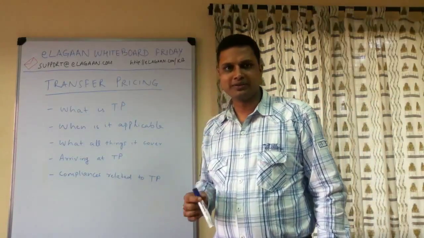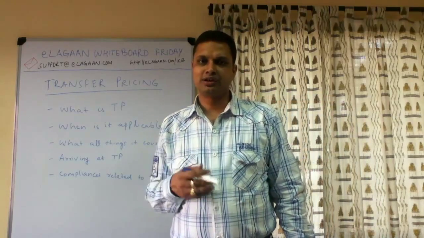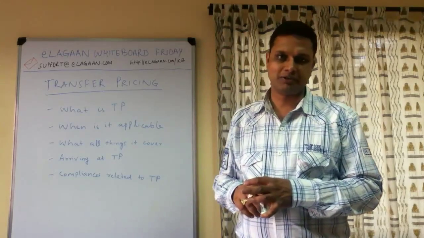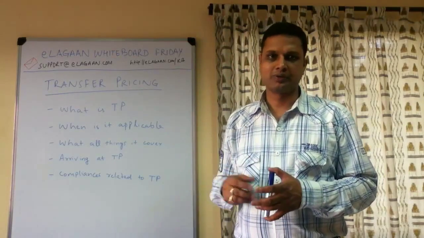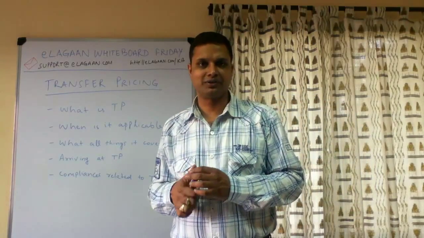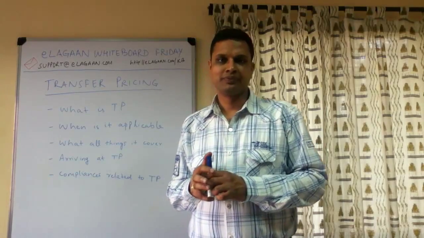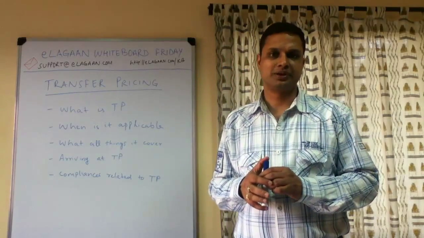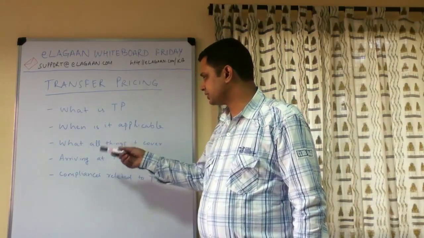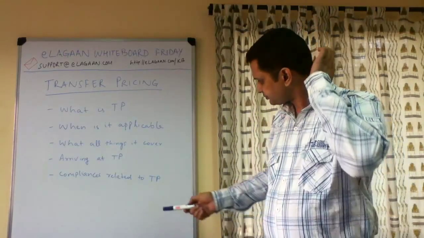Arriving at a transfer price is not a one-time formula kind of thing. The government norms keep changing, so it is a good idea to keep evaluating at regular intervals. You could do it on an annual basis or a half-yearly basis, to make sure whatever norms you are following are up to date and as per industry norms. If you keep deviating from the norms, there would be issues with the government.